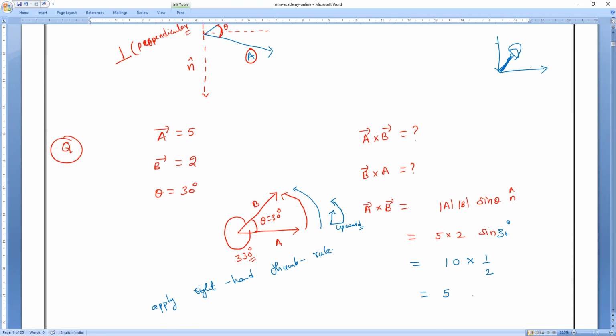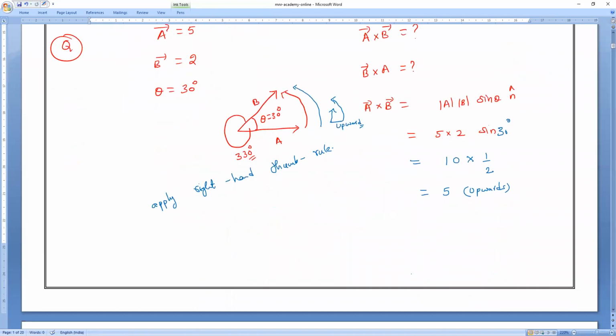So the resultant direction is upward. Do you all understand?